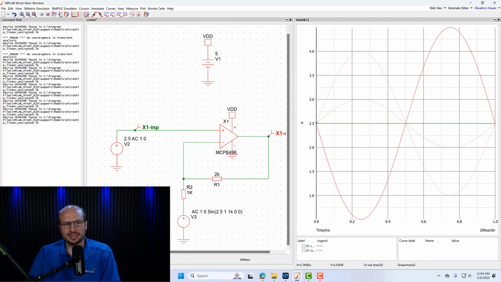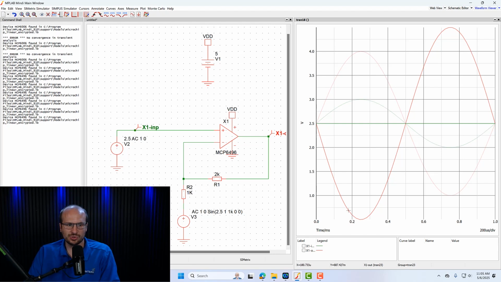Okay, so we see this negative gain of our inverting amplifier here. It starts going low instead of high like the non-inverting amplifier was. Let's check out our gain. So 1 volt times -2 should give us -2 from our 2.5 volt DC.